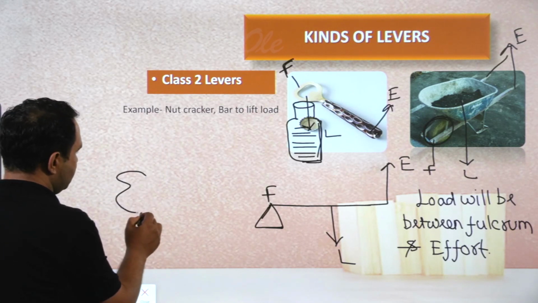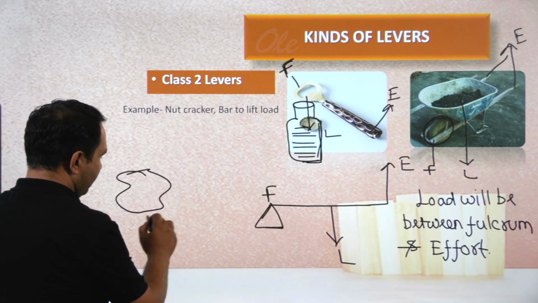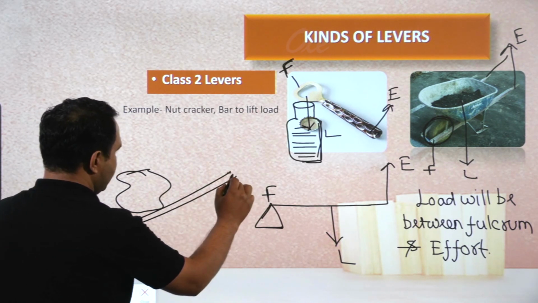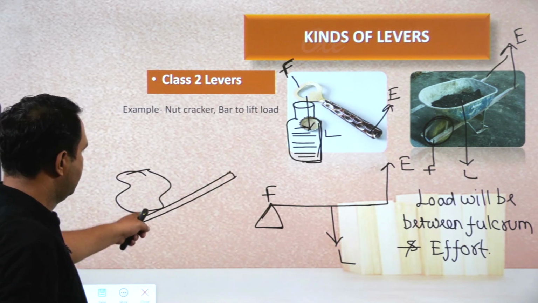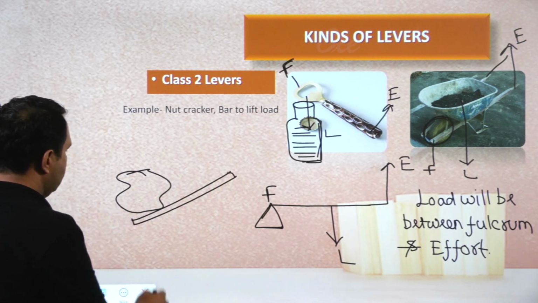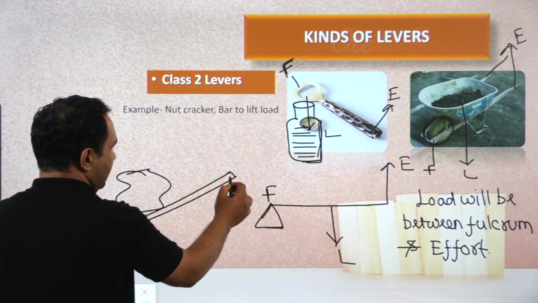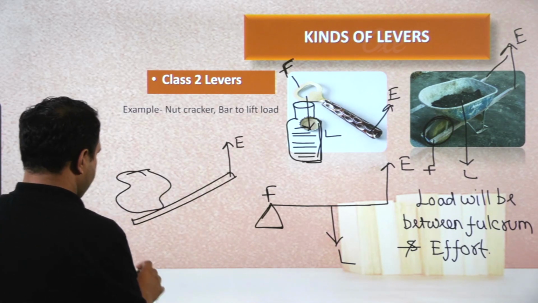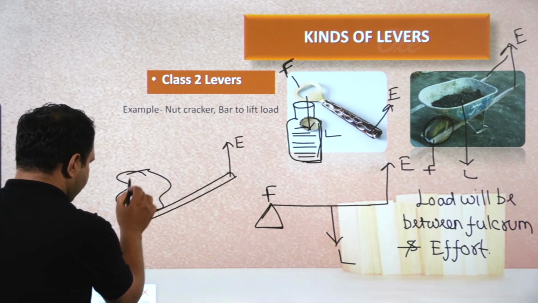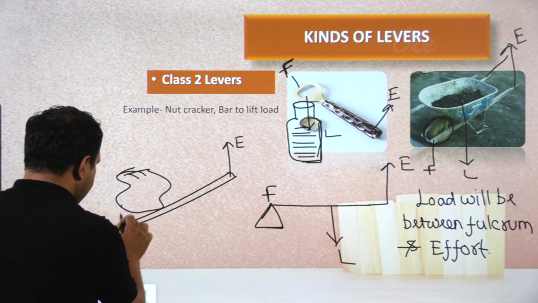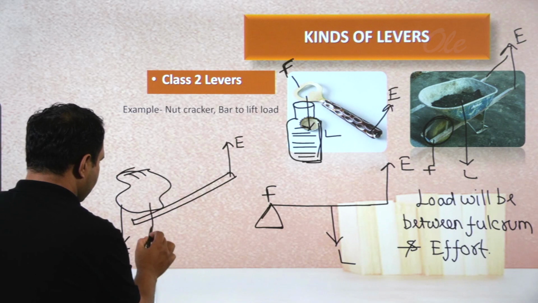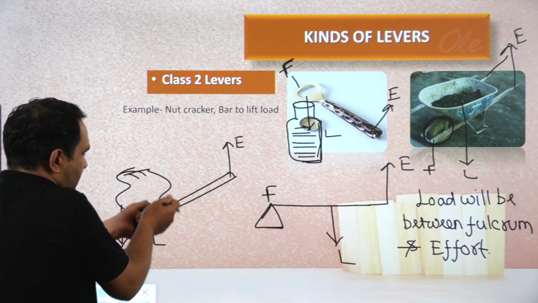Suppose that this is a stone and we have to move it, then we will use a straight bar, like this. So where are we applying effort? Here we are applying effort, right? And this is the fixed stone, means this is the fulcrum, and load is this one. This is the load which we have to lift.